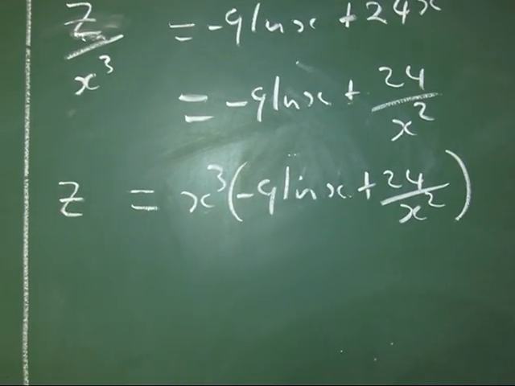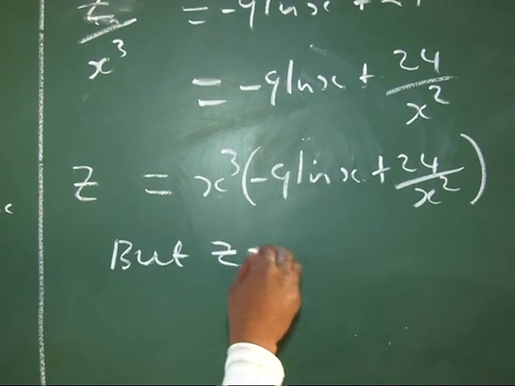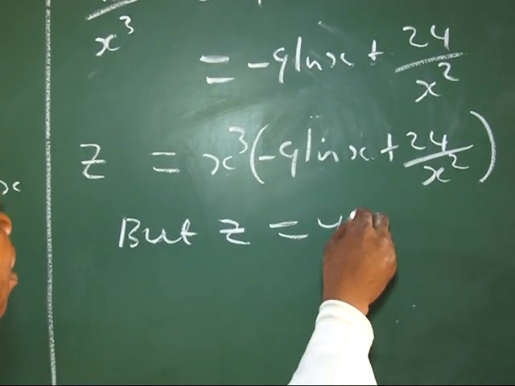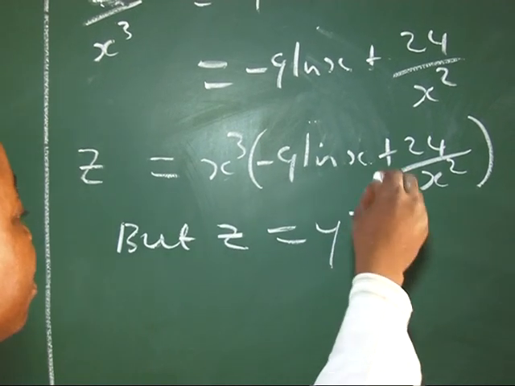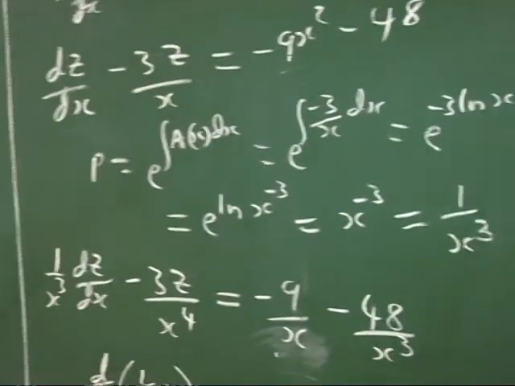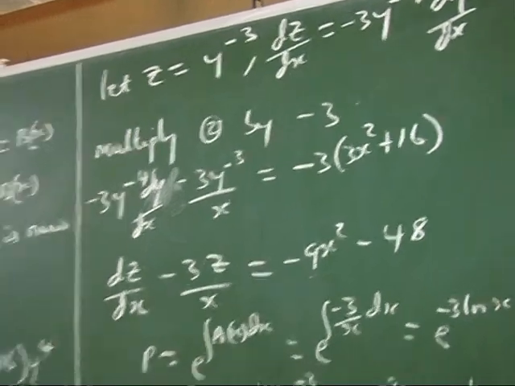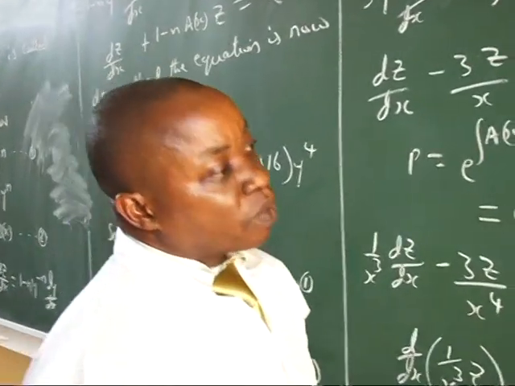Z is equal to that. Now, but z is equal y raised to negative 3. That is from here. So we have to convert it again to y.